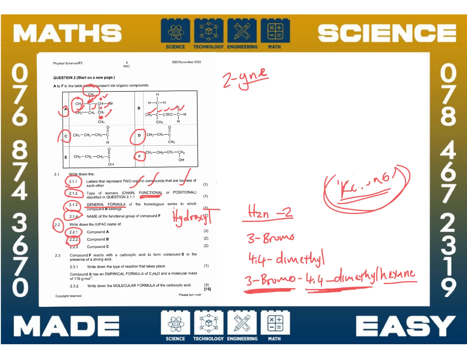On position number 4, I have 2 methyl groups, so it's 4,4-dimethyl. Then we are done. We can write everything now. So the name for B will be 4,4-dimethyl.